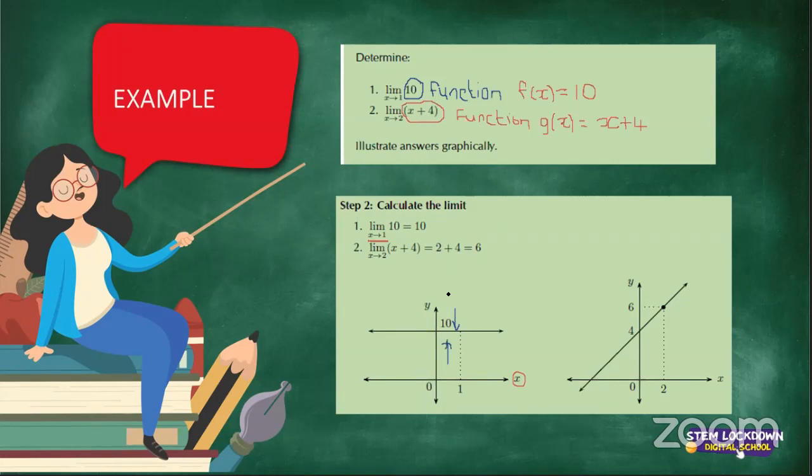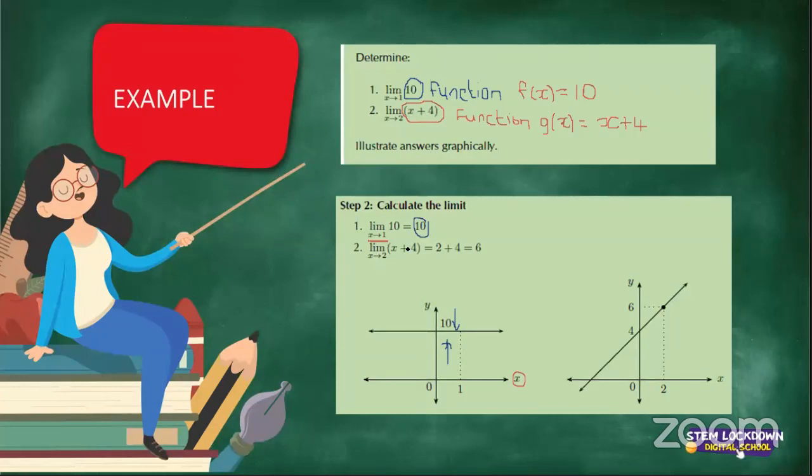If x is approaching 1, y is approaching 10 from different directions. If you're coming from the top going down, your value of y is approaching 10, and from the other direction, it's approaching 10. That's why we say the limit as x approaches 1 of 10 is 10.